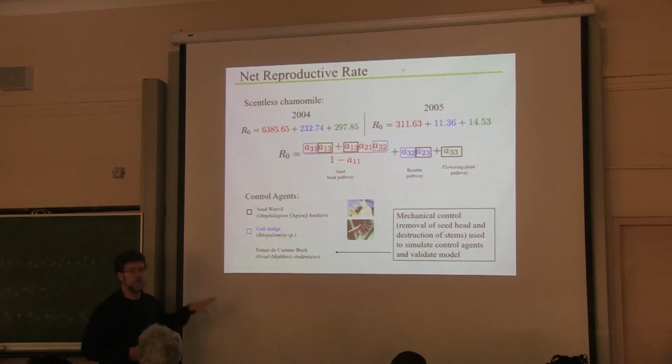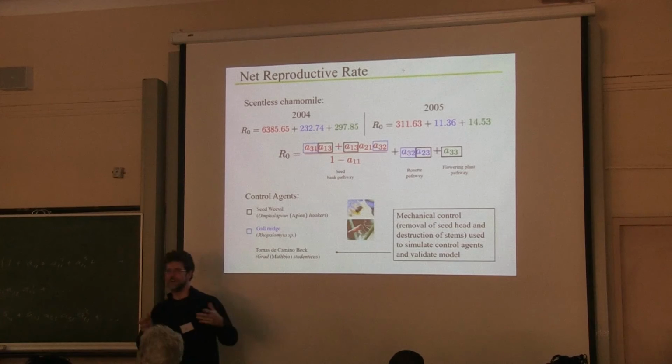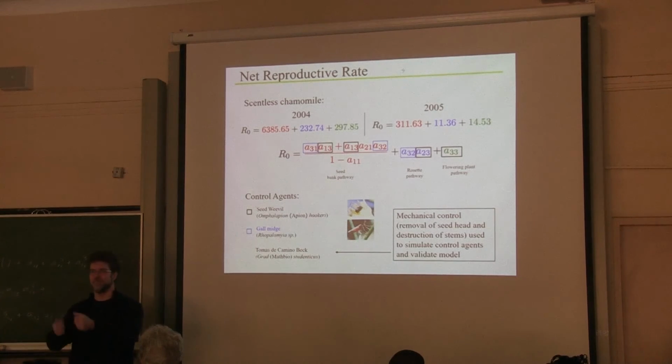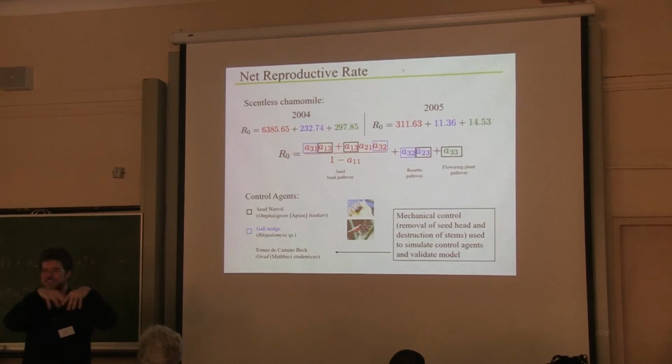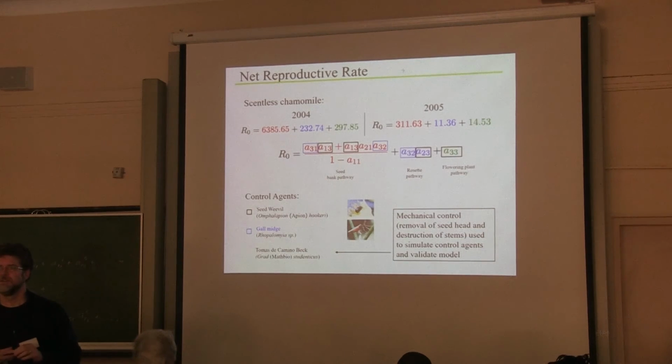So we had the experimental control, and then we had Thomas doing these biocontrol experiments without insects, and then seeing the effect on the parameters. The parameters established that way were used in another year to predict how well it would work.